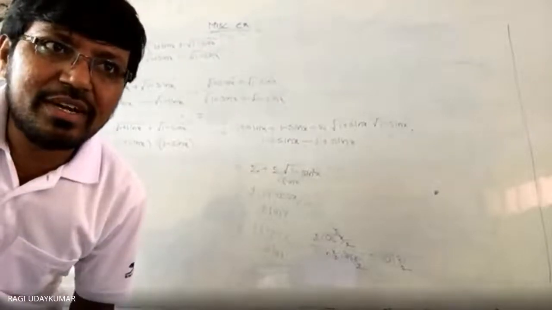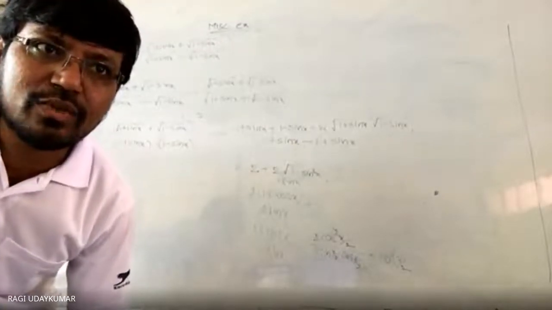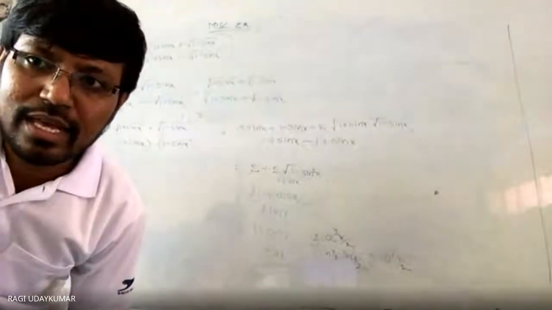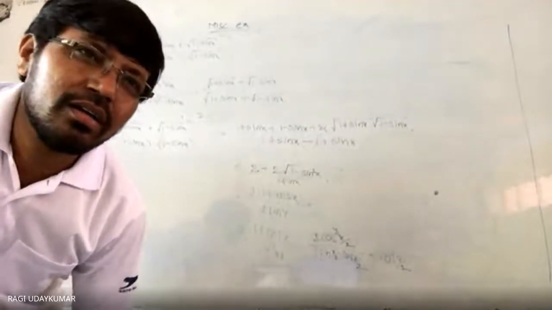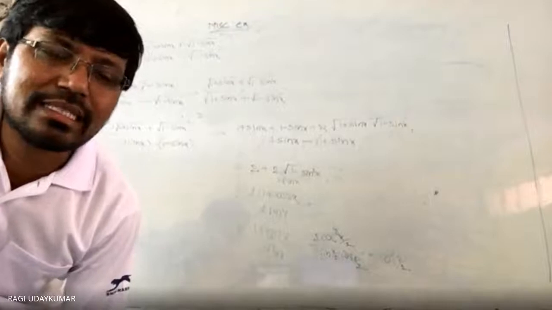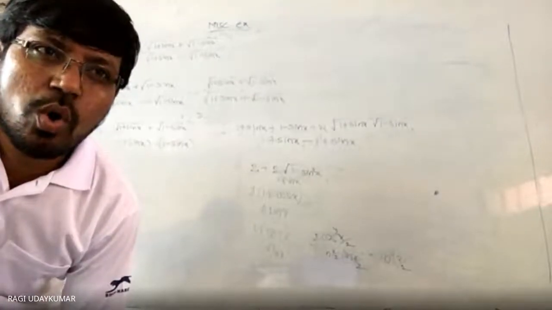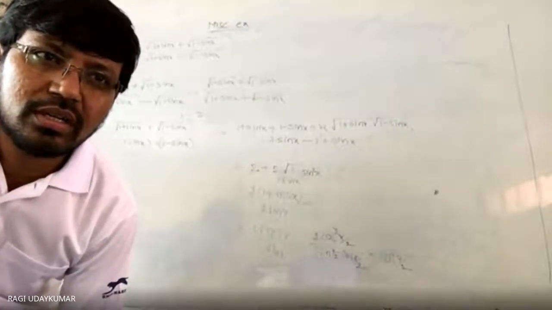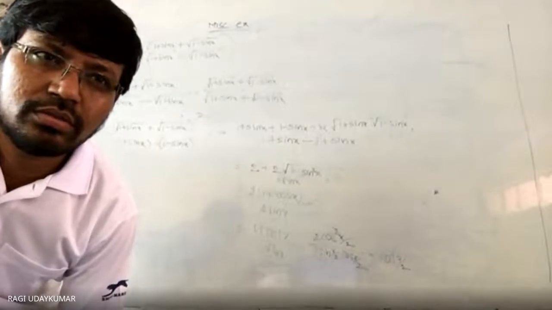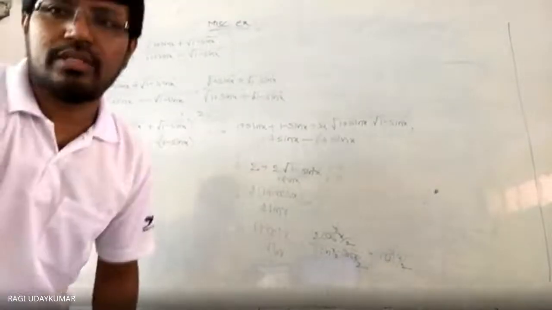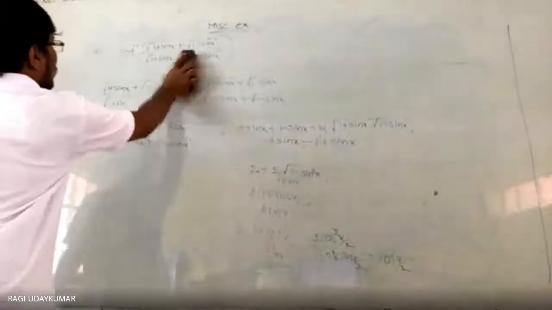So let us go for the next one, the 11th problem: tan inverse of 1 plus x. The question is given to you, tan inverse of. Here in this situation you need to resubstitute as tan inverse of 1 plus x, so cos 2 theta. Yes, this problem, cos 2 theta.